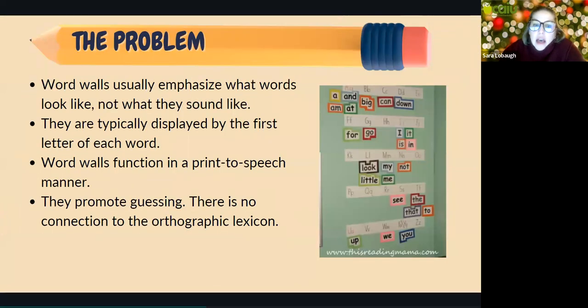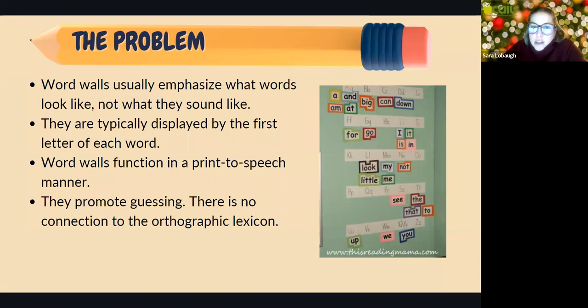But there are a few problems that word walls can create. One of the major problems is that word walls function opposite of how we learn language, because we learn speech first and then we attach the print.